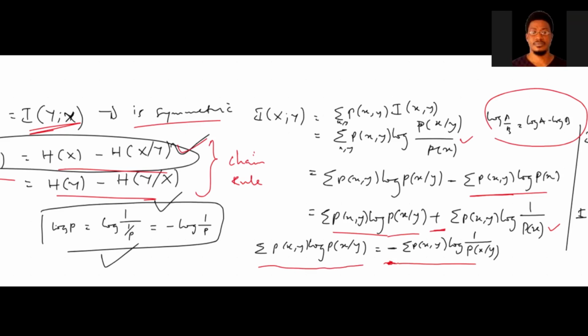Sigma P of XY log P of X given Y is equal to minus sigma P of XY log 1 over P of X given Y. This is as good as saying that 1 over this will bring us to this.